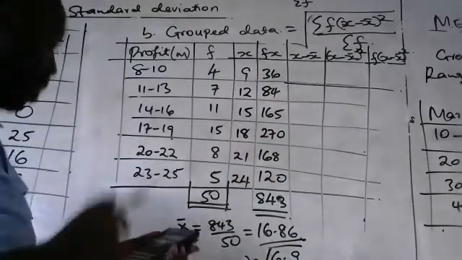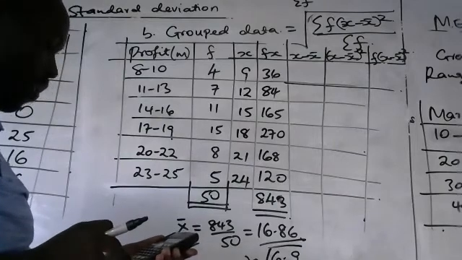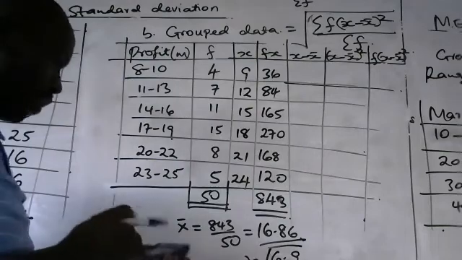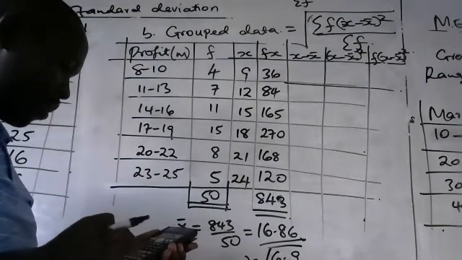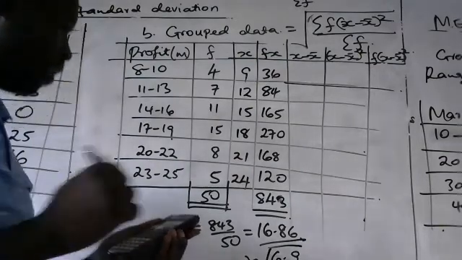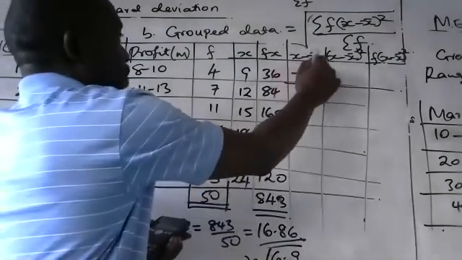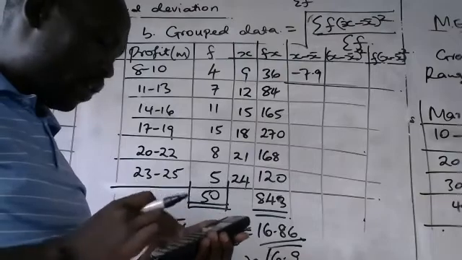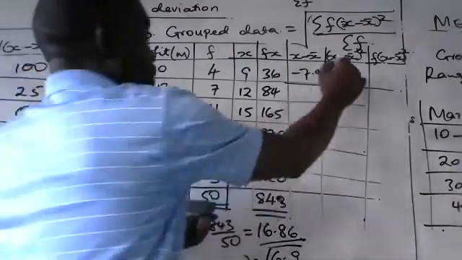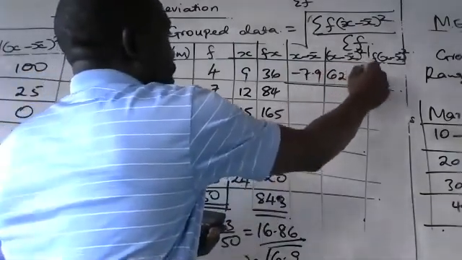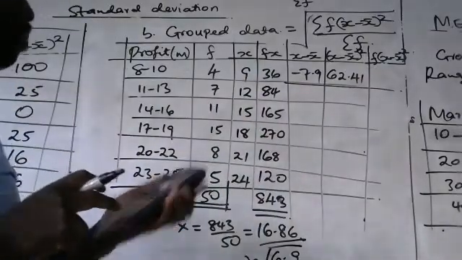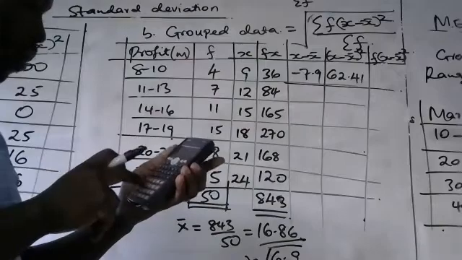So it is going to be 9 for the first case minus x bar, which is 16.9. You get negative 7.9. The same value, don't wipe it, you just square it. You get 62.41. The same value, from your calculator, you multiply by f, which is 4.